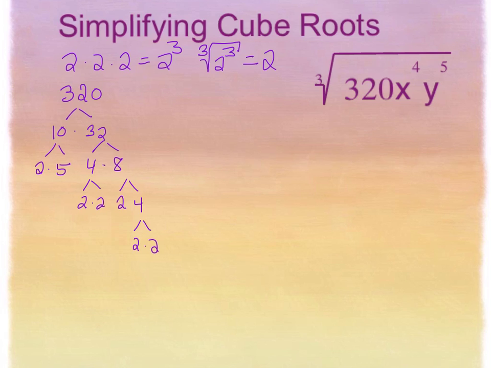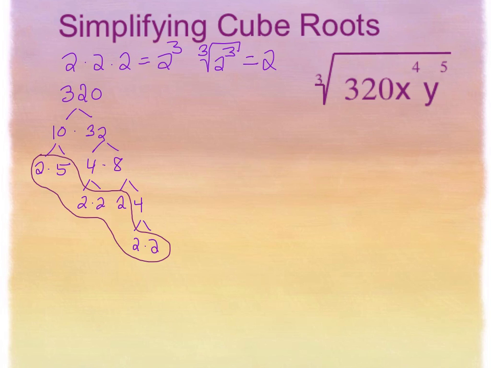Alright, so if we take a look at this prime factorization tree, we've got it all down to prime numbers 2 and 5. The one thing I would caution you on is when you look at the list of numbers, make sure you grab all of them at the bottom of the tree. It's easy to miss this 2, for example. Alright, so we have 6 2's multiplying by 5. So we basically have cubes here.